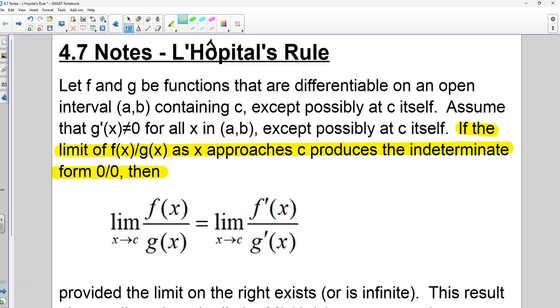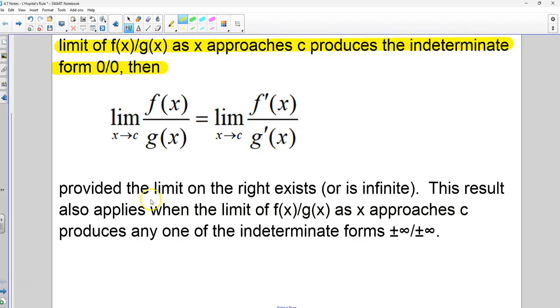Obviously, if it's multiple choice, you can leave that part out. Provided that limit exists. This also is true for infinity over infinity. If you're getting infinity over infinity, that is another type of indeterminate form, in which case you could still apply L'Hopital's rule. Okay, so let's look at some problems.